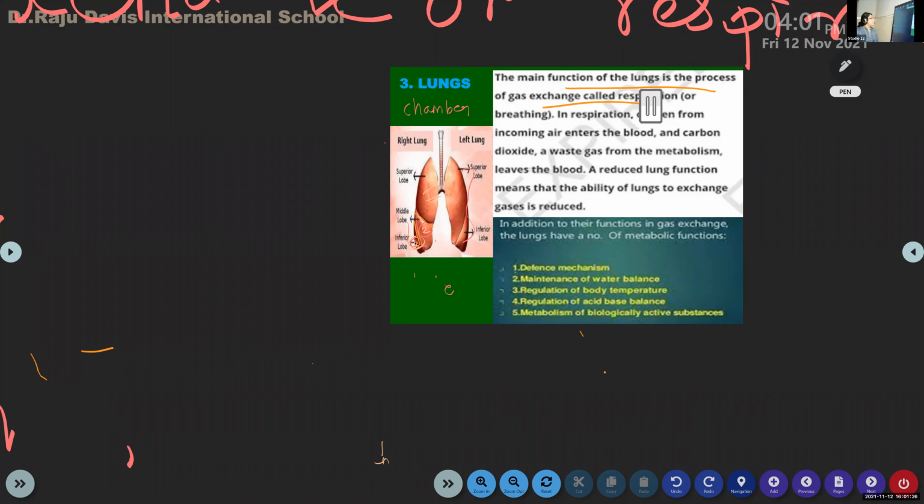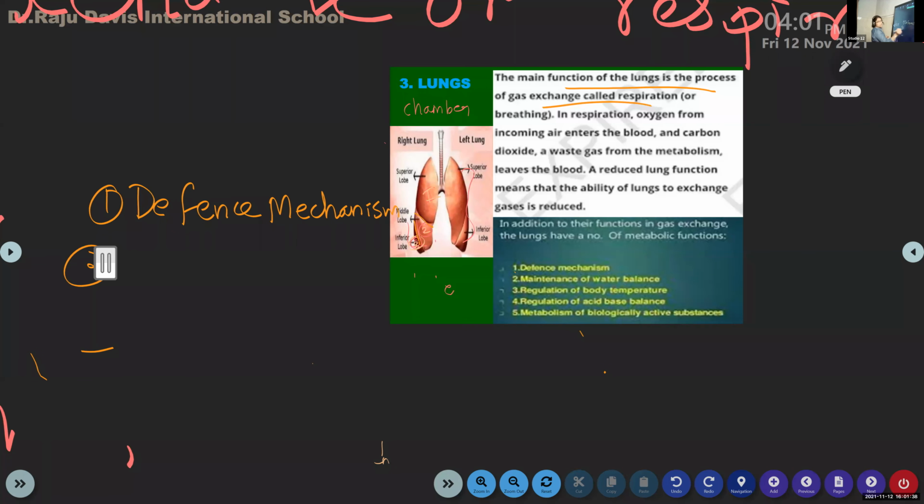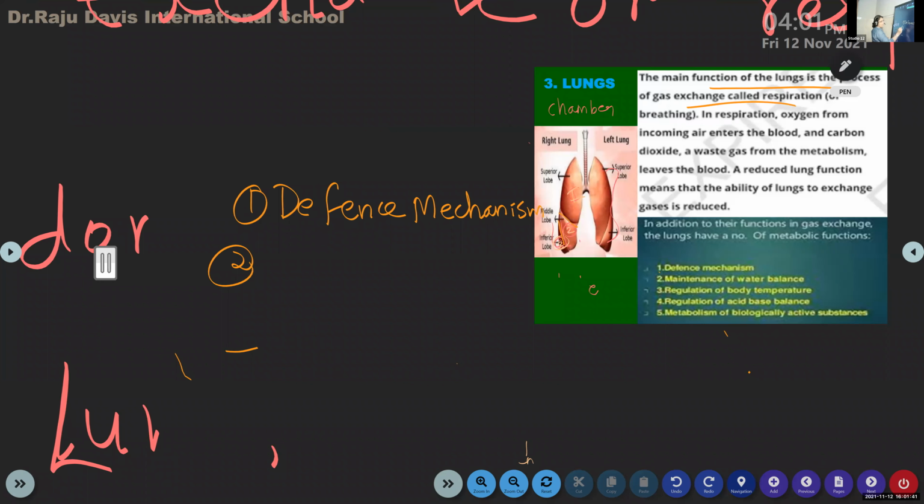Apart from this, there are other functions. For your knowledge, if you want you can write, otherwise no need of writing. Okay, the other function is defense mechanism. Second function is what I have written on the slide, same thing I am writing.